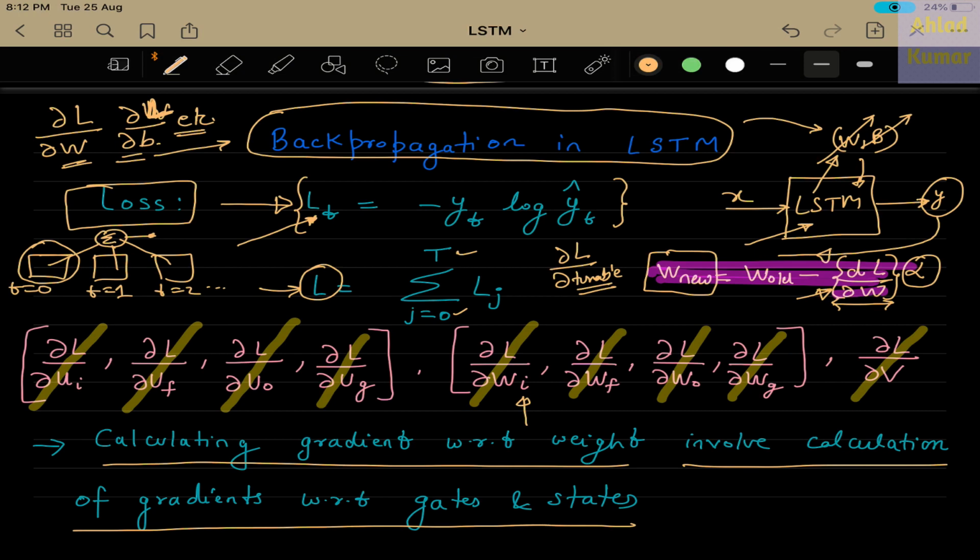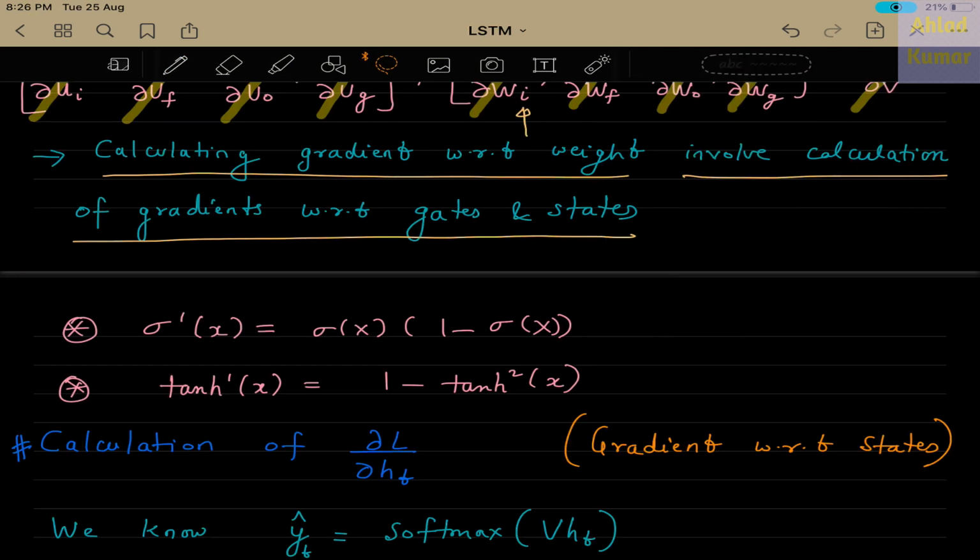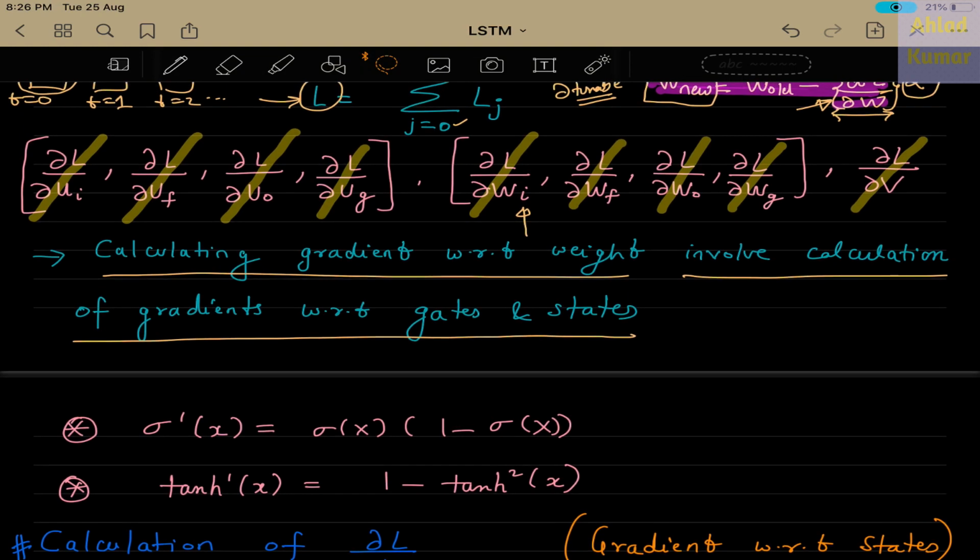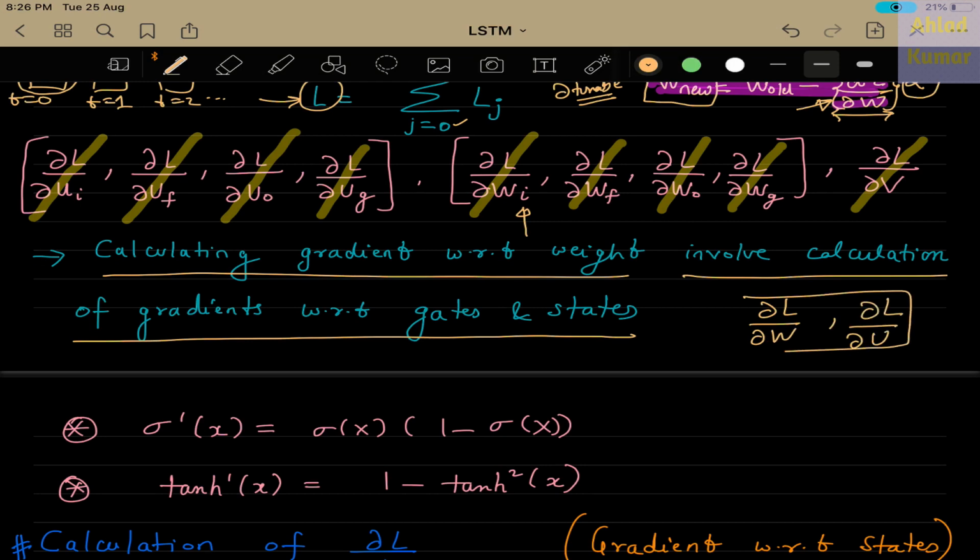We will discuss what this exactly is and then move forward. What it is basically saying is, in order to calculate the derivative of the loss with respect to the W's and the U's, first of all we calculate the derivative of the loss with respect to all the gates and the derivative of the loss with respect to all the states of the LSTM architecture.